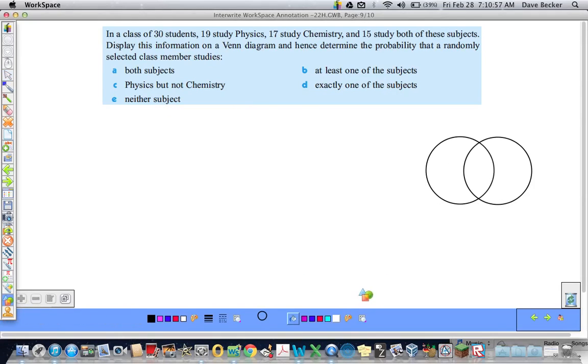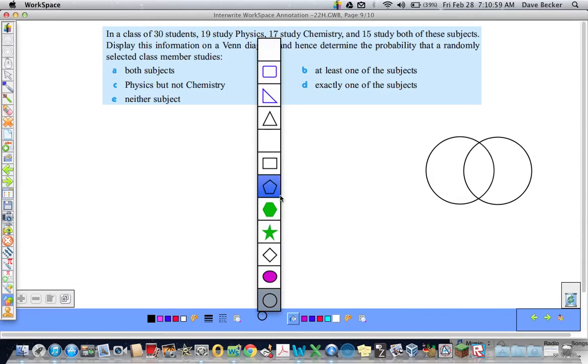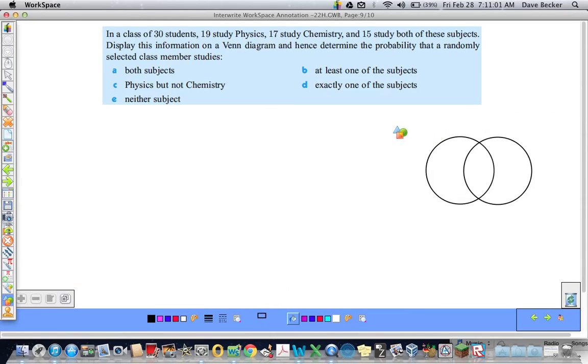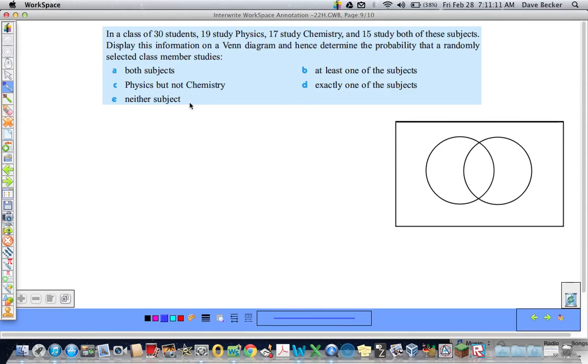So I'm going to go to the rectangle. There we go. Okay, so now we have to label this. So we have physics, we have chemistry, and we have our universal set.